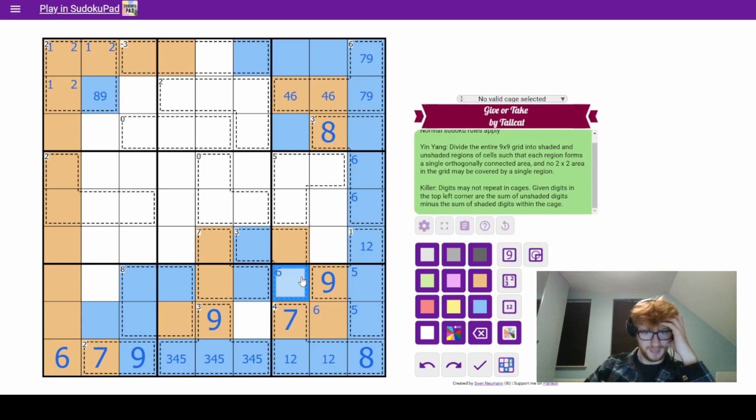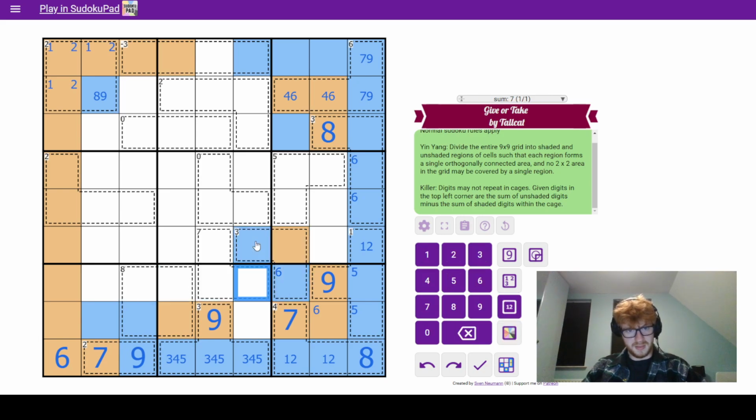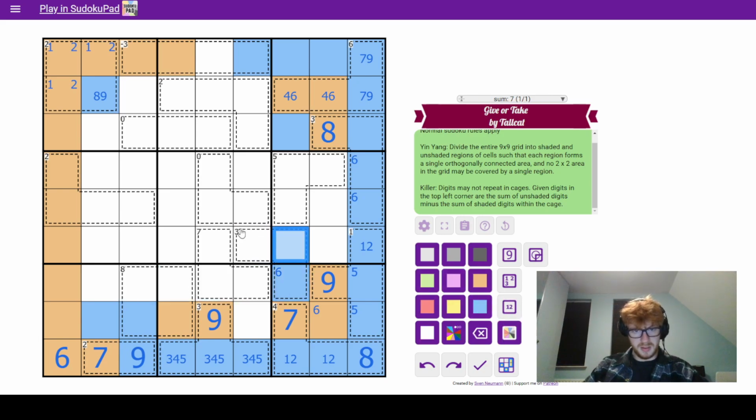The minimum this can be is 3, this can be 1. Yeah. No. That's useless. Does this break somehow? No, but it's very unrestricted.